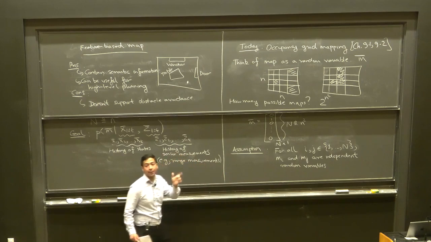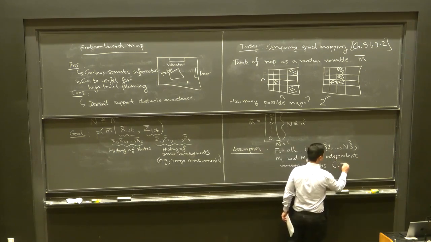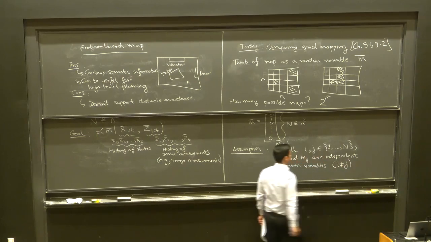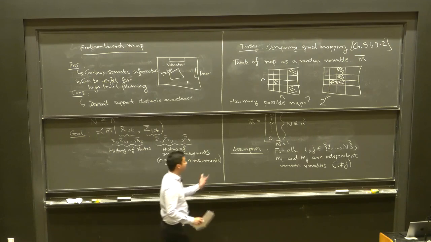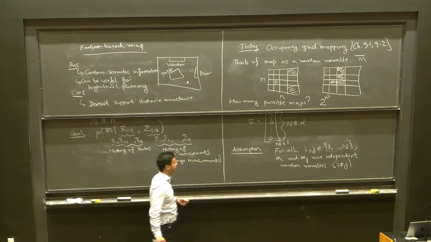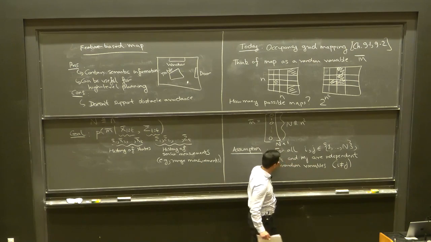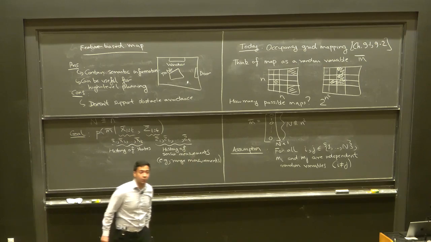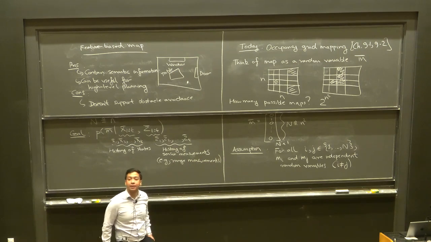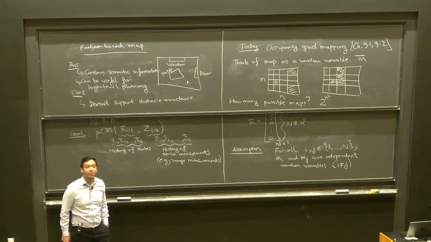Just to be careful, let's say i not equal to j, so we're not looking at the same random variable, but for two different i and j, the random variables mi and mj are independent. Okay, so what do people think of this assumption? Does this seem right or reasonable? Or what are problems with it?